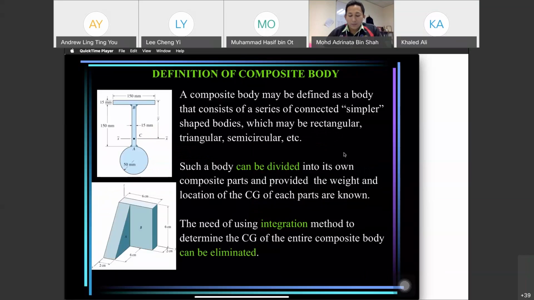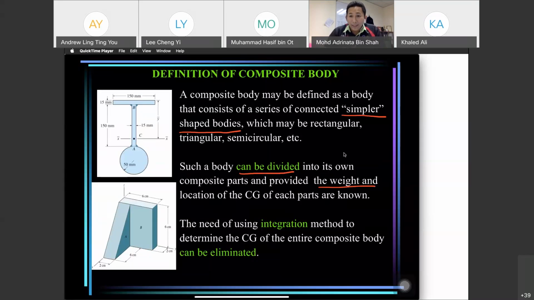This is the definition of composite body: a series of connected simple shaped bodies, such as rectangular, triangular, semicircular. Such a body can be divided into its composite parts, provided the weight and location of the center of gravity of each part are known.